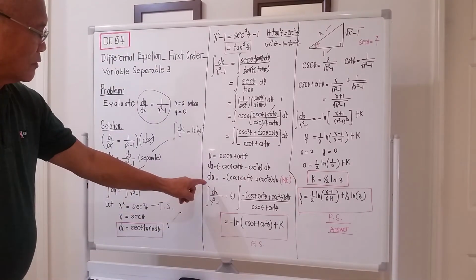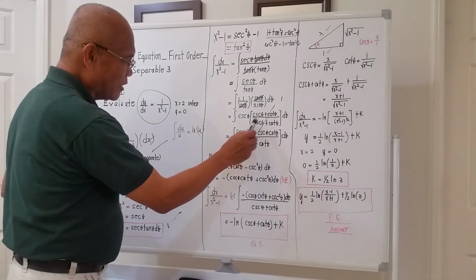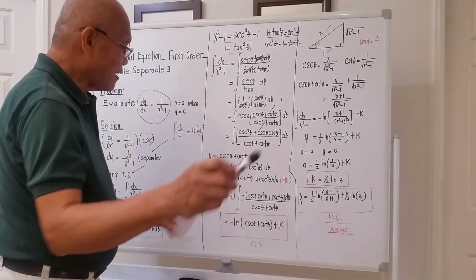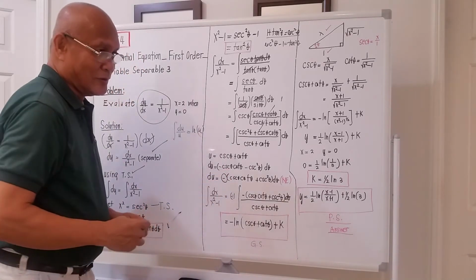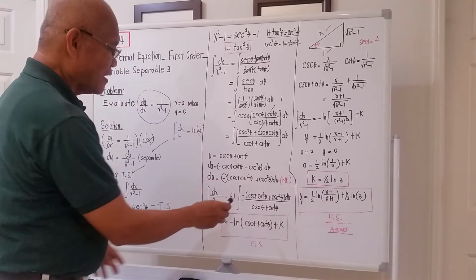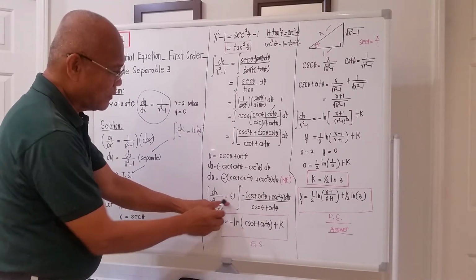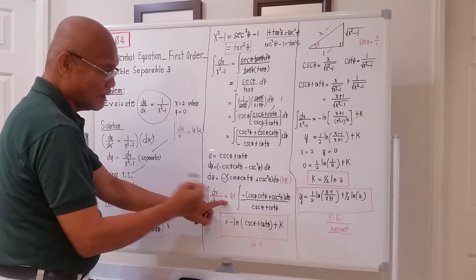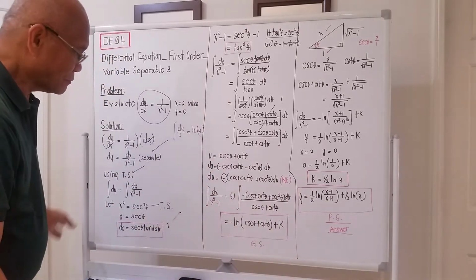If you try to observe the value of du and compare it with the one on the numerator, it's almost the same except for the negative sign. So if we insert the negative sign inside, and we counter that by placing a negative one outside the integral sign, it now falls under the natural logarithm.